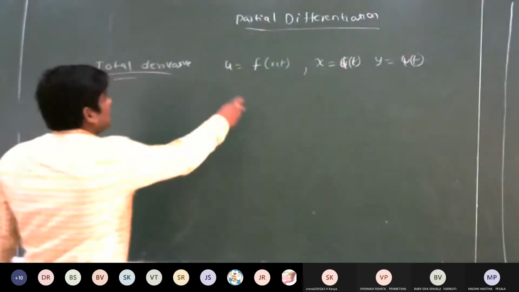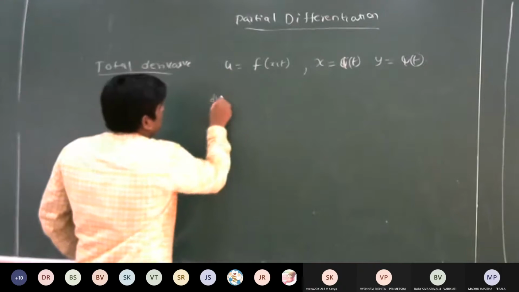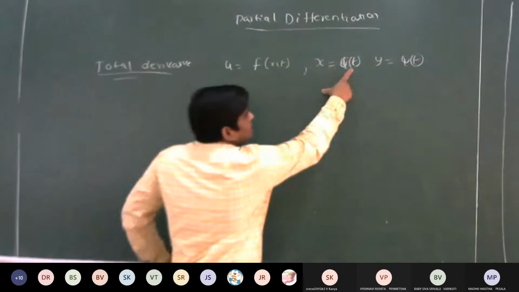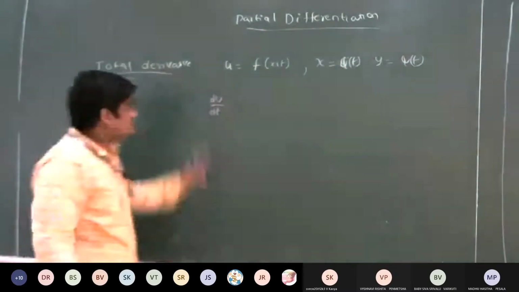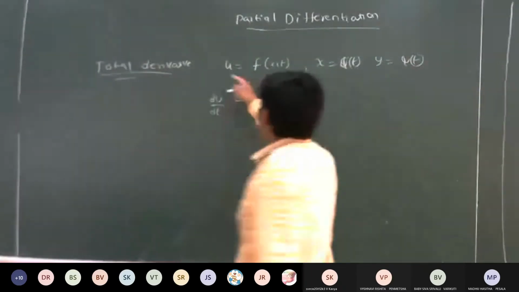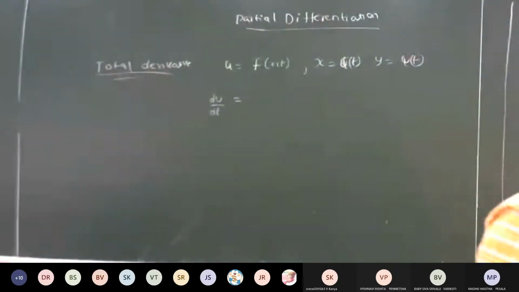So here the total derivative is du with respect to the variable t, that is du by dt is equal to. Next, coming to u: is u a function of one variable or two variables?